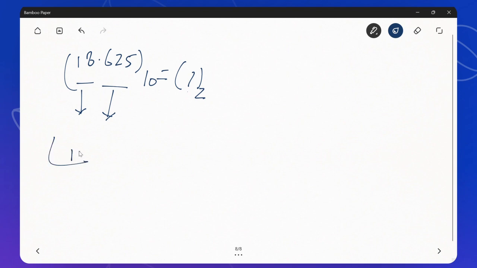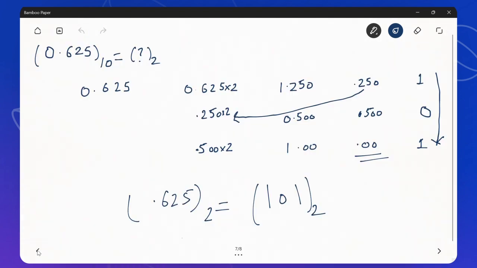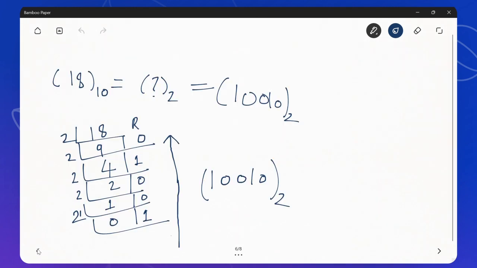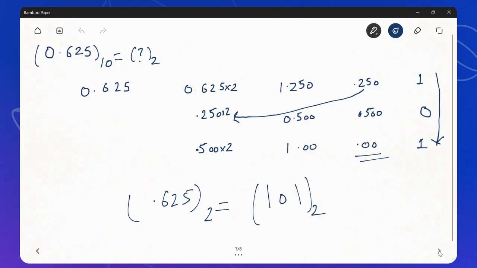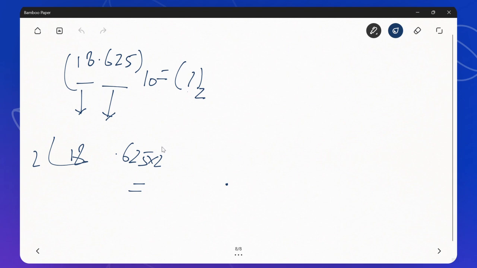For conversion of 18 you will divide by 2, and for conversion of 0.625 you will multiply by 2, and you will write both answers with a point in between. We can see in our previous slides that the answer for 18 was 10010, and for 0.625 it was 101.